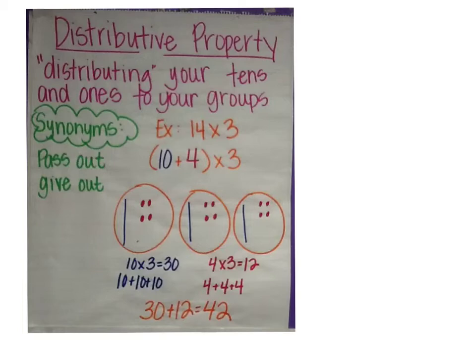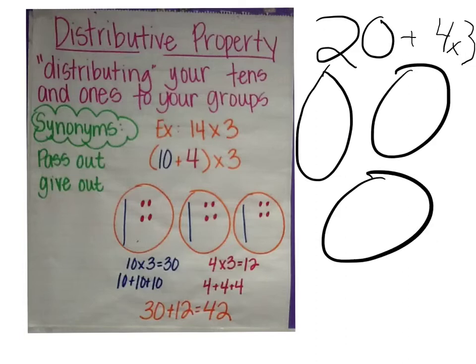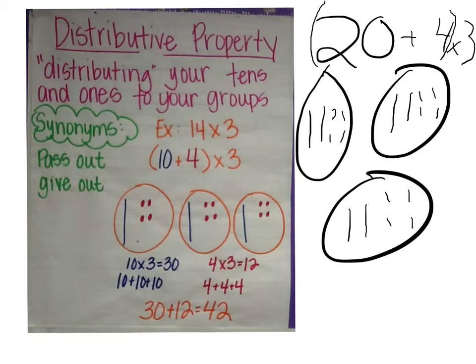So for example, if we had 20 plus 4 times 3, we do 3 circles with 10, 20, 30, 40, 50, 60, and then we'd have plus 4 in each. So 1, 2, 3, 4. 1, 2, 3, 4. Then we'd count it all up.